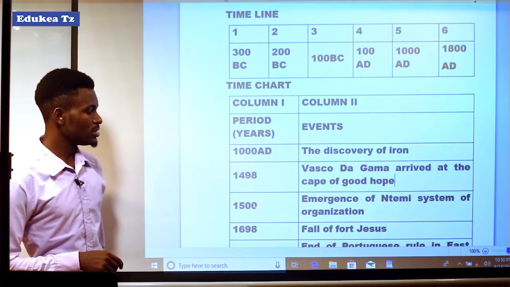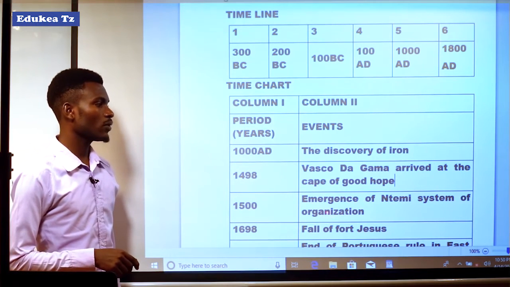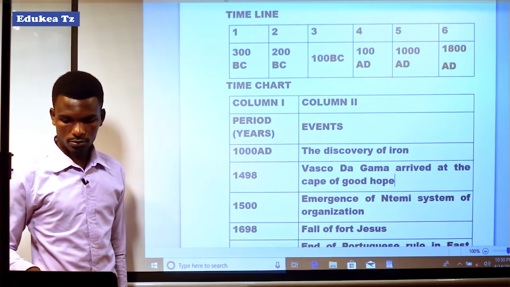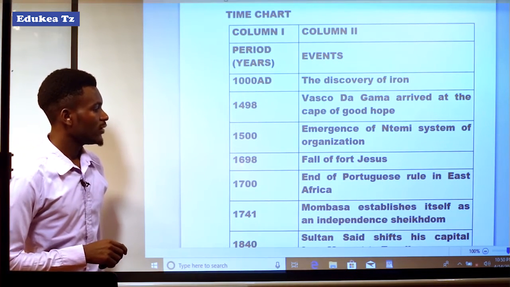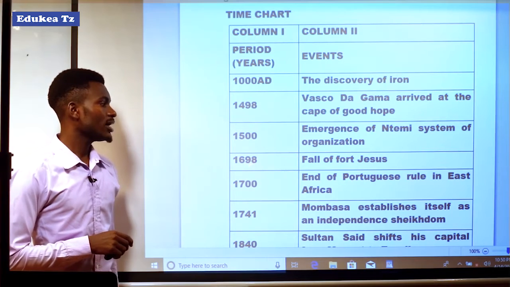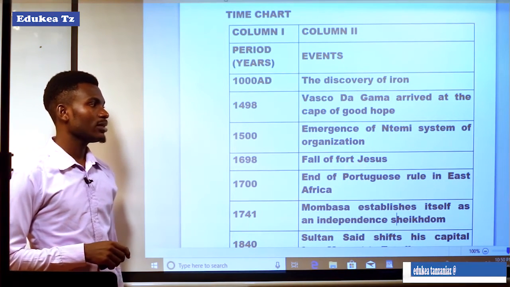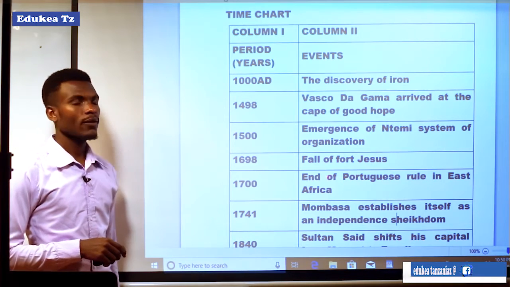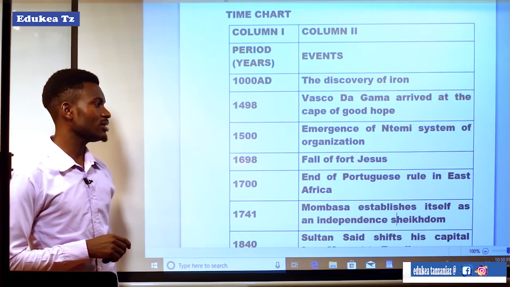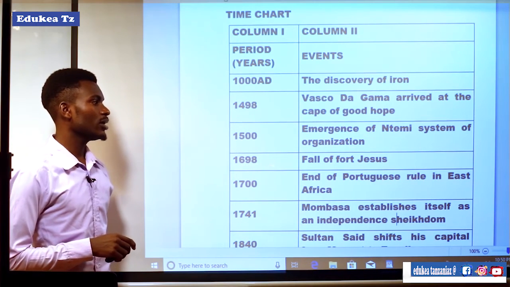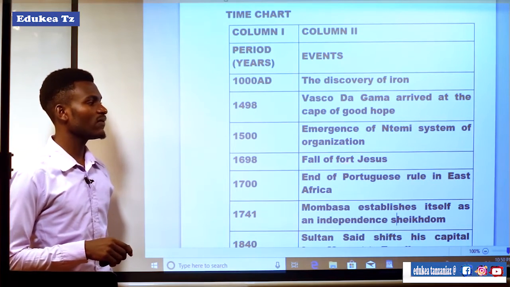In 1500 there was the emergence of the Ntemi system of organization. Another, in 1698 there was the fall of Fort Jesus, which was built by the Portuguese. So when it reached this year, the Portuguese rule fell, followed by the fall of Fort Jesus.